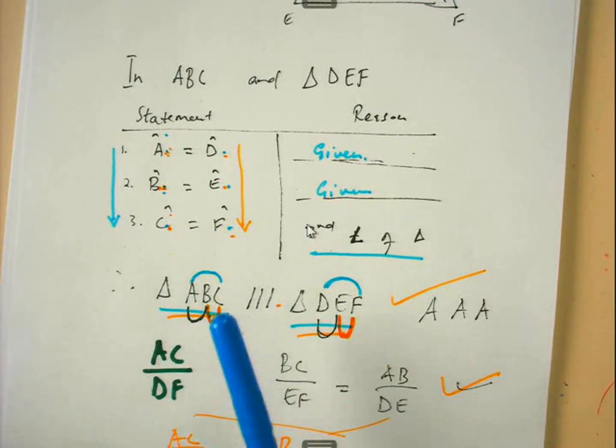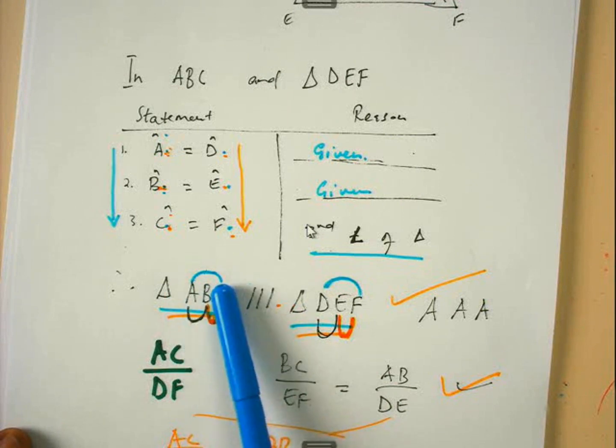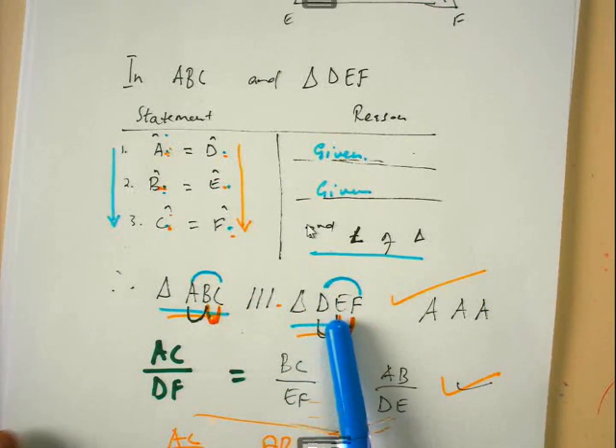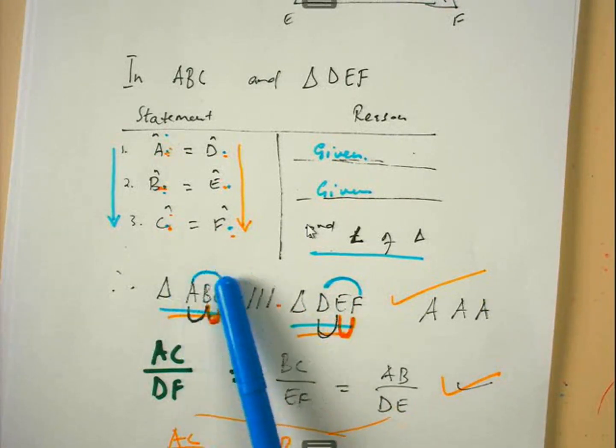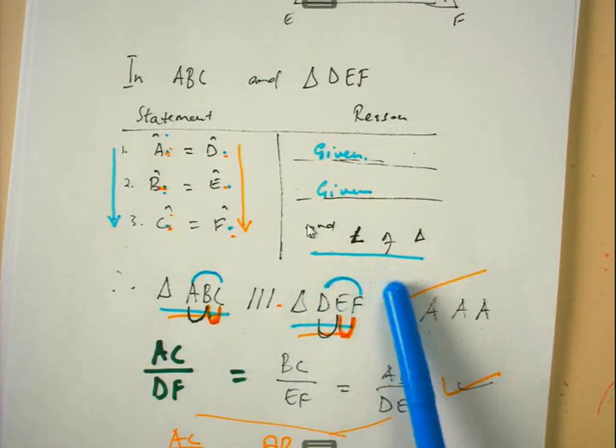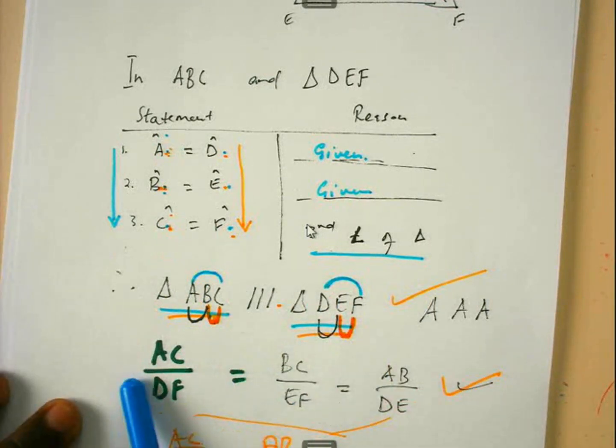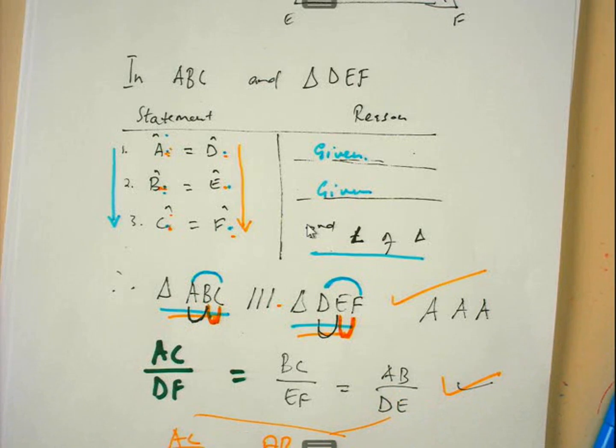I did not say side AC over side DE. The order is not correct. AC goes with DF. So that order becomes important, and then you write all three ratios that you wanted to write there. Very good.